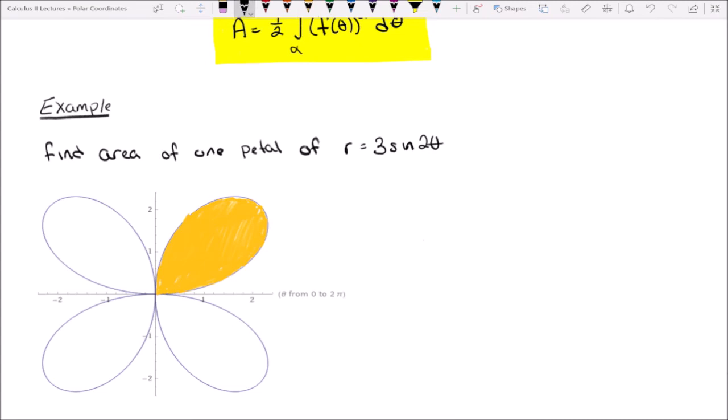Now to determine the angles, right? Notice that the petal starts and ends at the origin. That means the radial component is 0. So we go 3 sine of 2 theta equal to 0, and then solve.